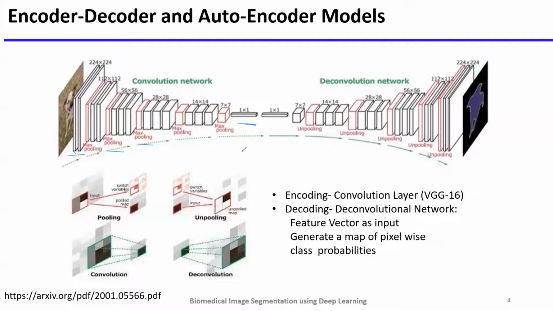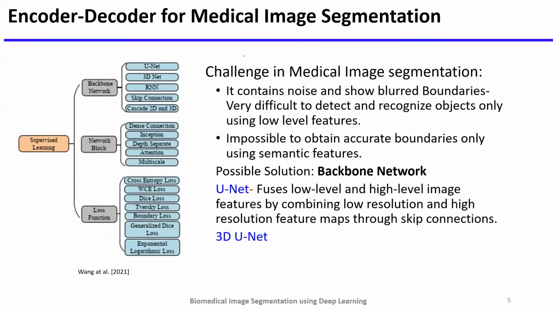Many variants of this have been developed for different applications. So in medical image segmentation, in the supervised learning category, the encoder decoder is currently being widely used, and it is giving very good results compared to other models.